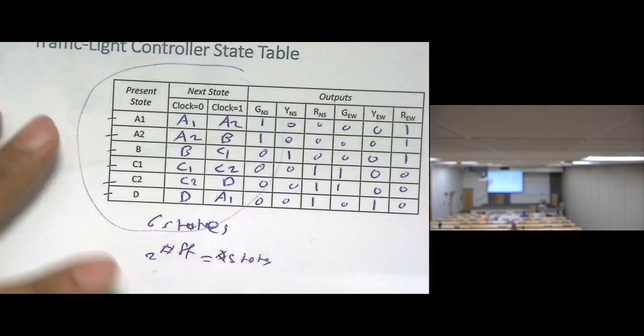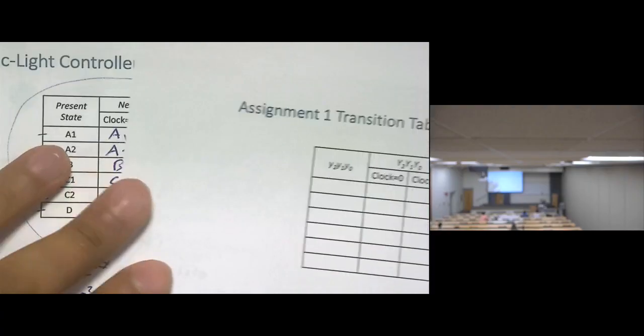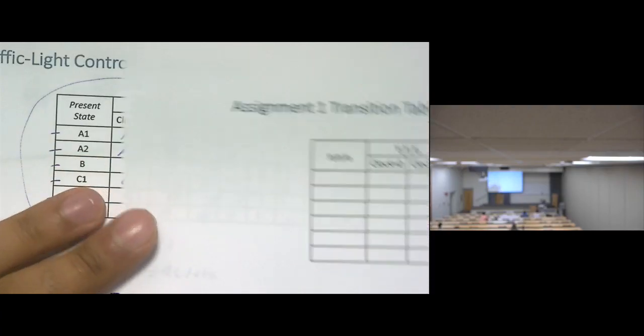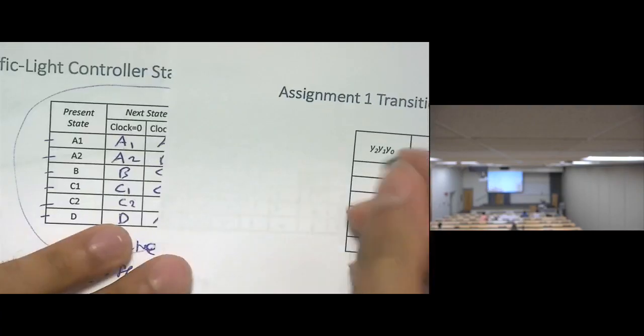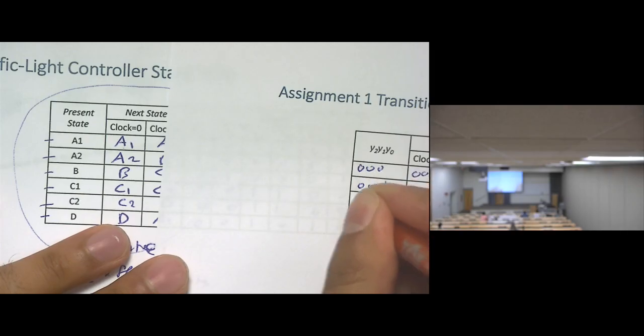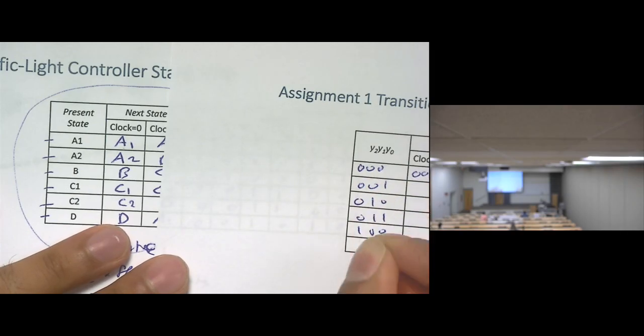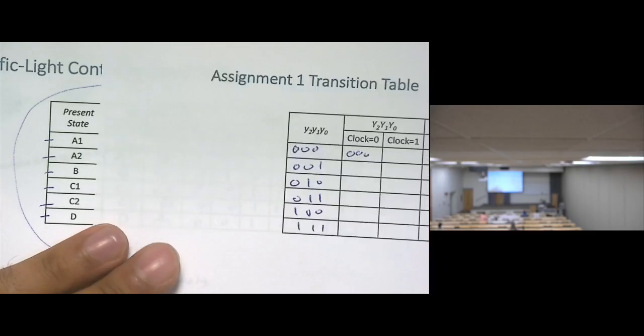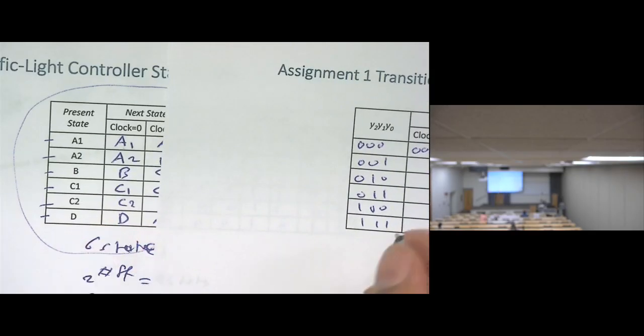Replace this part. In this part is A1, so A1 is actually 0, 0, 0. Here is next state A1, 0, 0, 0. Here is 0, 0, 1. 0, 1, 0. 0, 1, 1. 1, 0, 0. I'm sorry, 1, 0, 1.